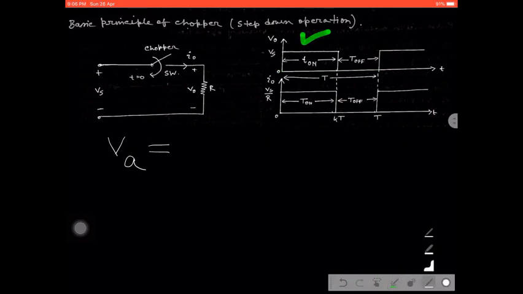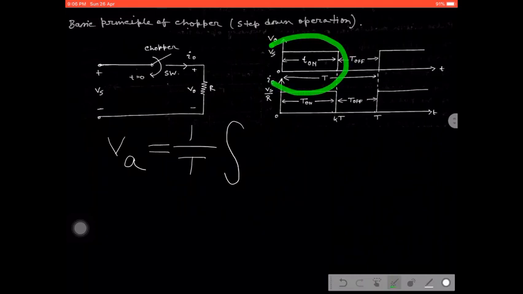So we can say the positive peaks, that is 1, divided by the complete cycle defined by T, integration over the confined region of the particular peak. Which region is this peak confined in? It starts from 0 and ends at t on, right? That is why we can say the confined region is 0 to t on.